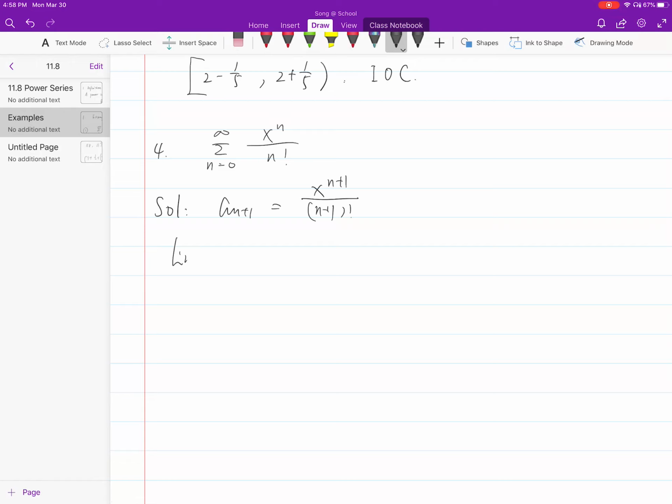Now, limit n goes to infinity, a n plus 1 divided by a n. That's going to be this.